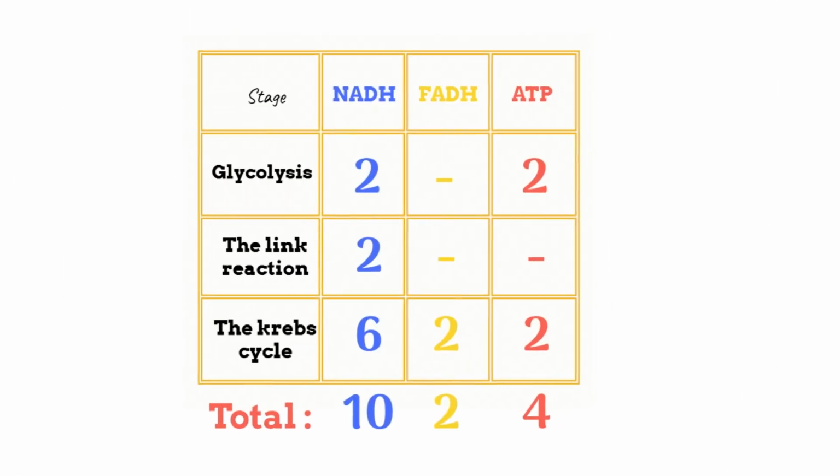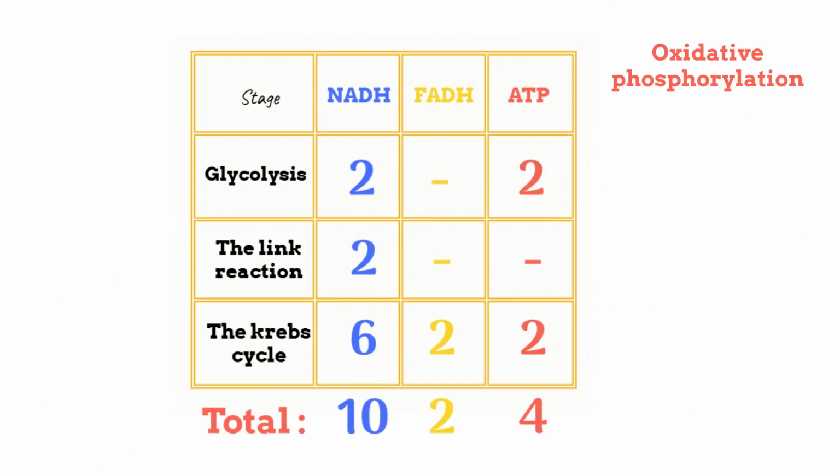So let's take the first theory. If we take the first theory, let's calculate the total ATPs we get from all the 4 processes. From glycolysis, the link reaction, and the Krebs cycle, we have a total of 10 reduced NADs.